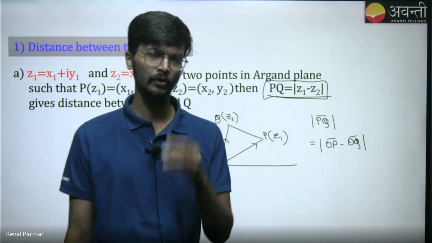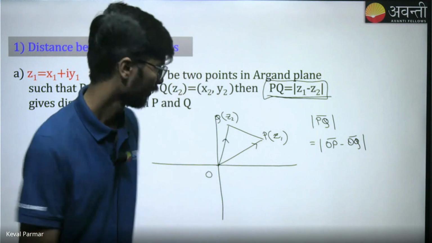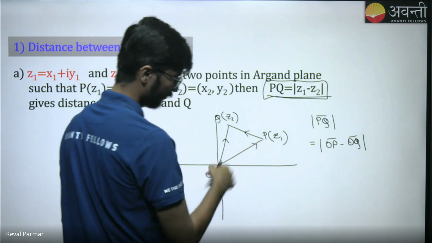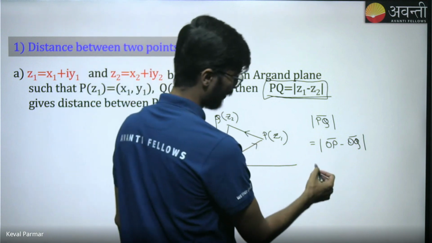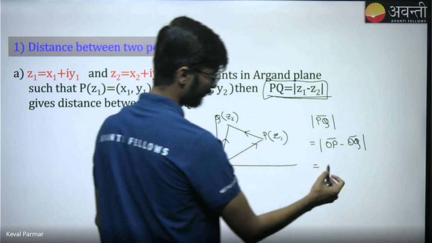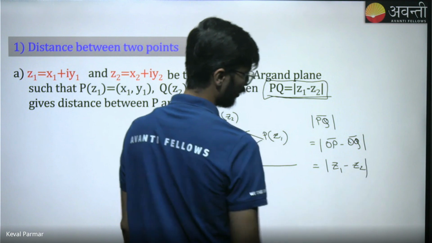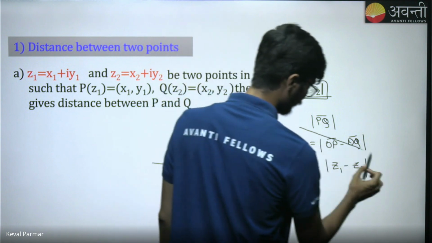By using your triangle law. This forms a triangle, correct? This is OP, this is OQ, and this will be PQ. So what is the OP vector? Now again replace this. This is z1. What is OQ? z2. So we just skip this step.